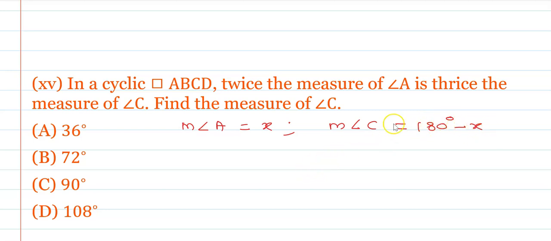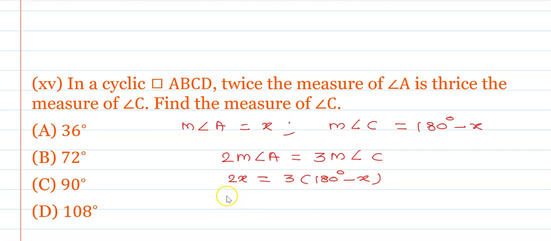Next, it says twice the measure of angle A is equal to thrice the measure of angle C. We considered the measure of angle A as x, therefore 2x is equal to 3 times 180 minus x.